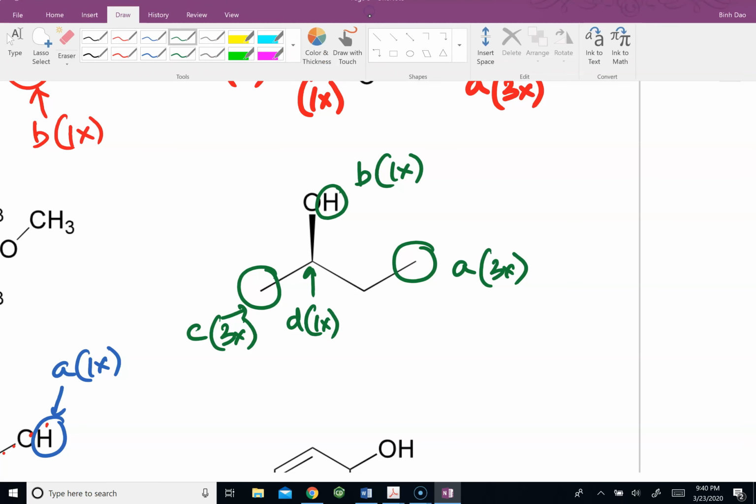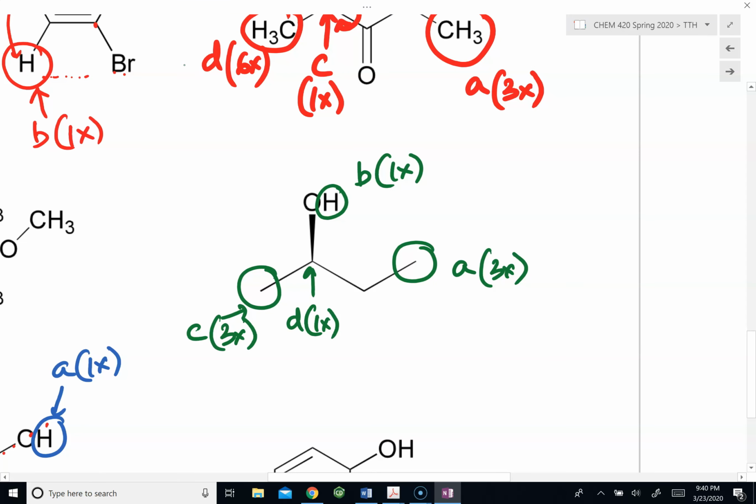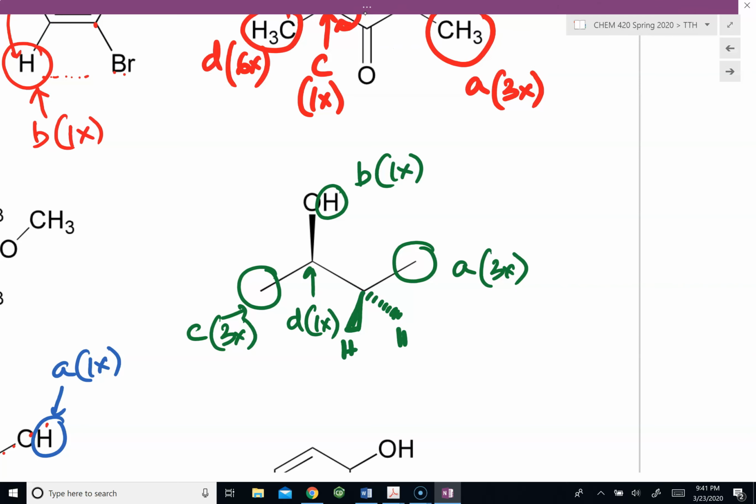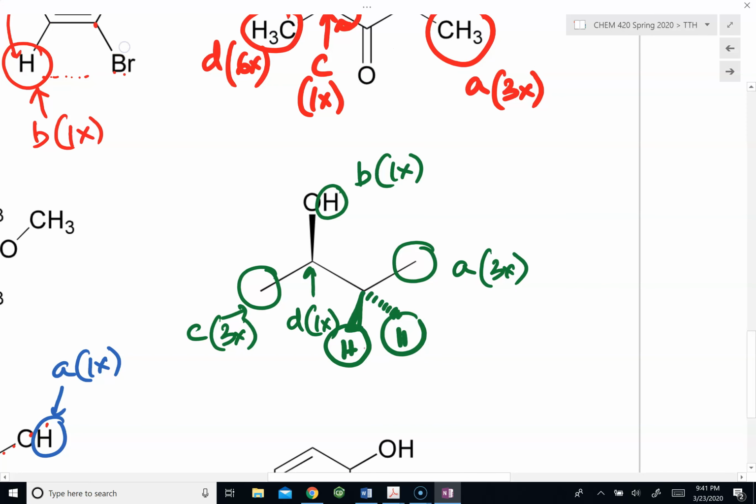And now, the exciting part. There are 2 hydrogens in here. Are these 2 hydrogens chemically equivalent? And the answer, no, they are not chemically equivalent, they are different.